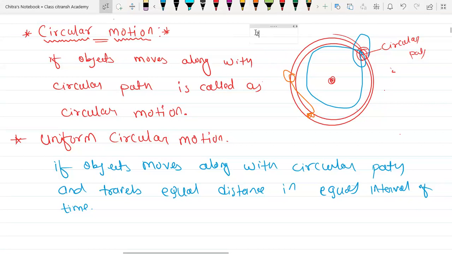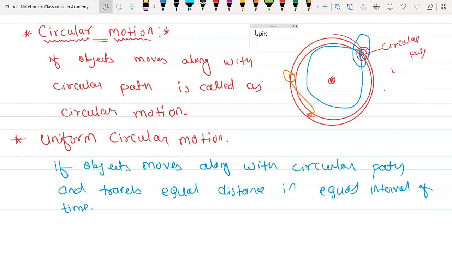Here we have 2 pi r, where r is the radius and pi is 22 divided by 7. So by this you can calculate the distance. 2 pi r is the formula that we have to use.